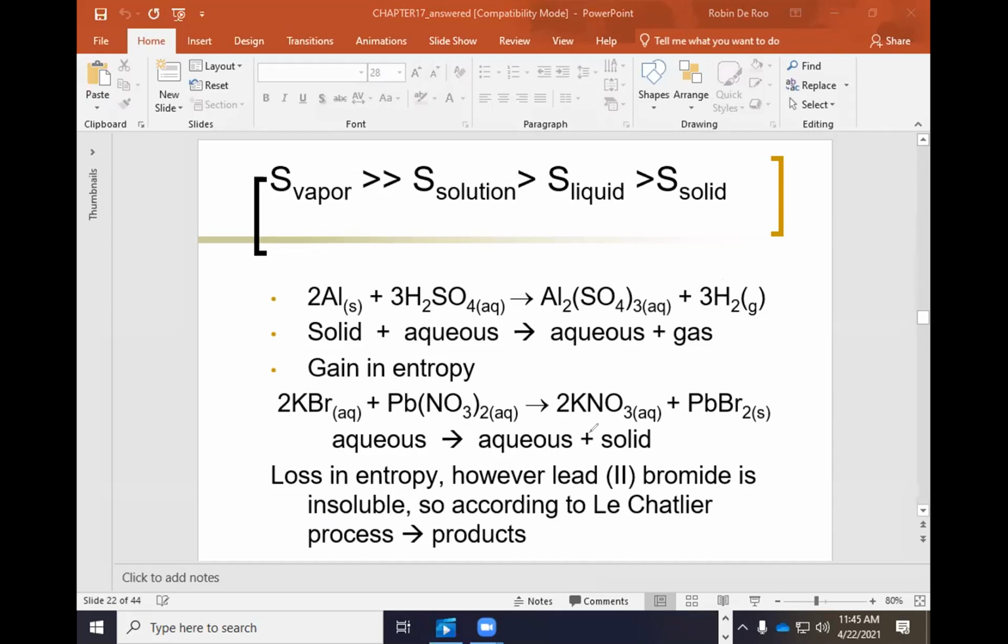Now, this one is less obvious for the phases, but a driving force also is making a solid, a precipitate. Because the lead is insoluble, so Le Chatelier says we're pulling this out. And according to Le Chatelier, if we're pulling precipitate out, then we would push the reaction towards products.